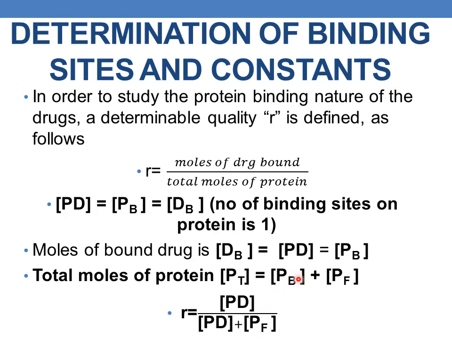Instead of Pb also, Pd is used. So we are using the molar concentration of the protein drug complex in place of the molar concentrations of bound drug and bound protein, because all of them are equal if the protein has one binding site. So the final equation of r becomes r equals Pd by Pd plus Pf.